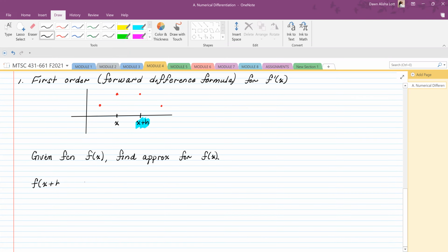And we're going to do the same thing. We're going to chop it off. So when we do that, f prime of x becomes approximately f of x minus f of x minus h divided by h, plus order h. So this is now a first order backwards difference formula.